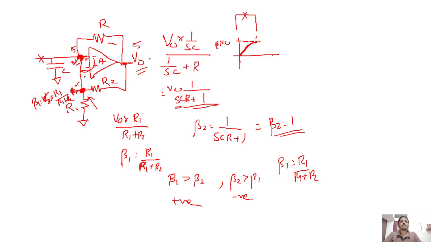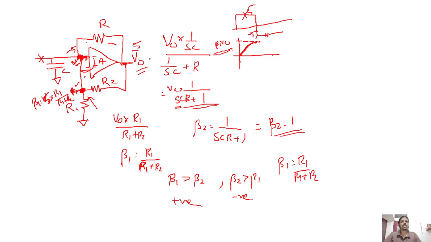Since this is higher, the output goes positive. Since this is at the negative terminal, the voltage will suddenly change to a minus value. Say if it is 5, this will be minus 5. This portion is again DC, so the voltage here should now be minus 5, but it is at some beta V0.